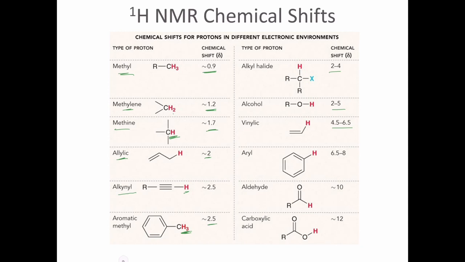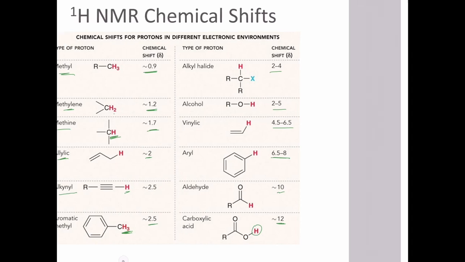Aryl group, when you have an aromatic compound, the protons will appear at around 6.5 to 8. For aldehyde, approximately 10, and for carboxylic acid, the proton is going to be more downfield, at around 12. Okay? So again, these are estimates, but we are going to use them to guide us to determine the actual structure, as long as we know where the shift is showing up in the proton NMR.